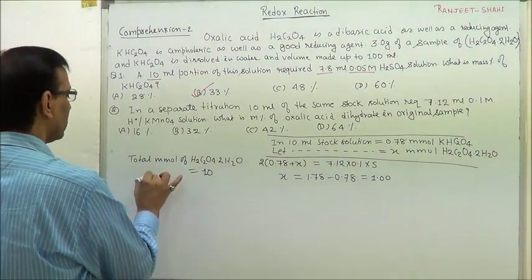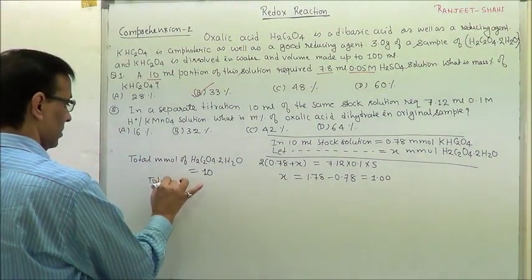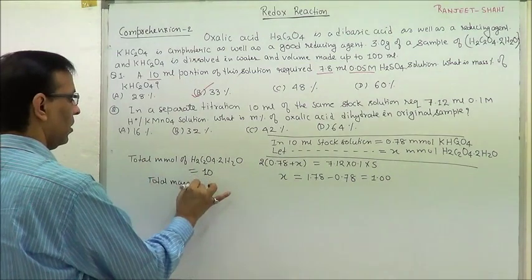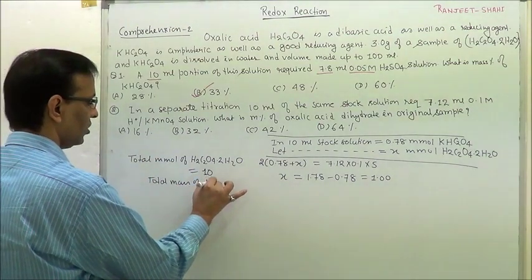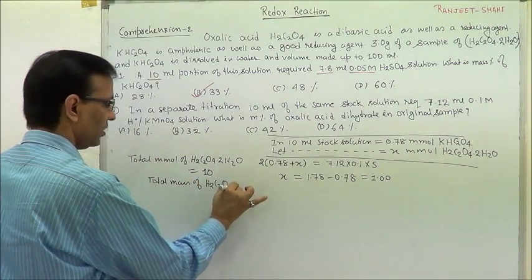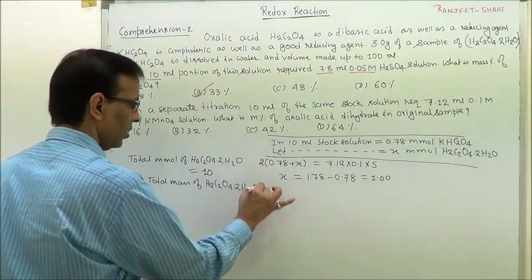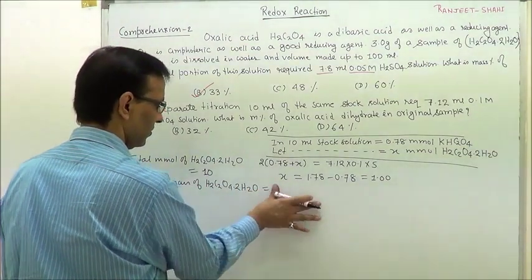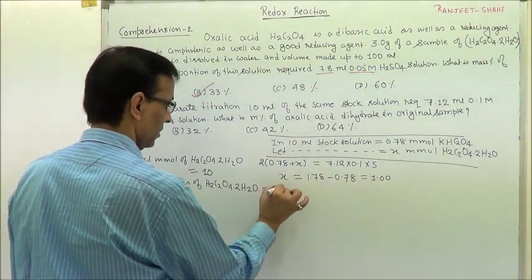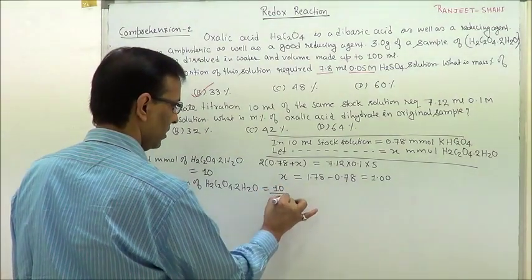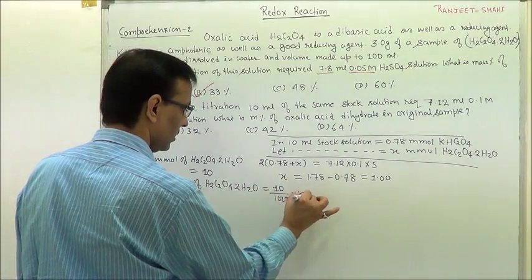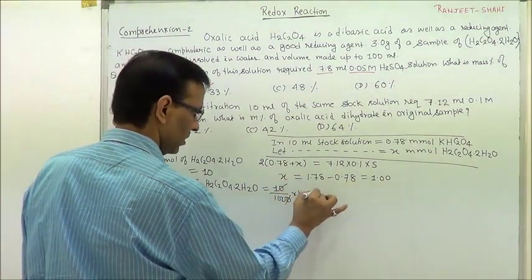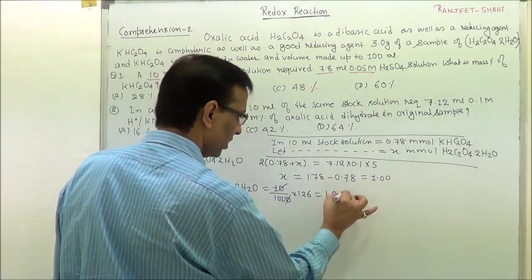So total mass of H2C2O4.2H2O is 10 divided by 1000 into 126. So it is 1.26 gram.